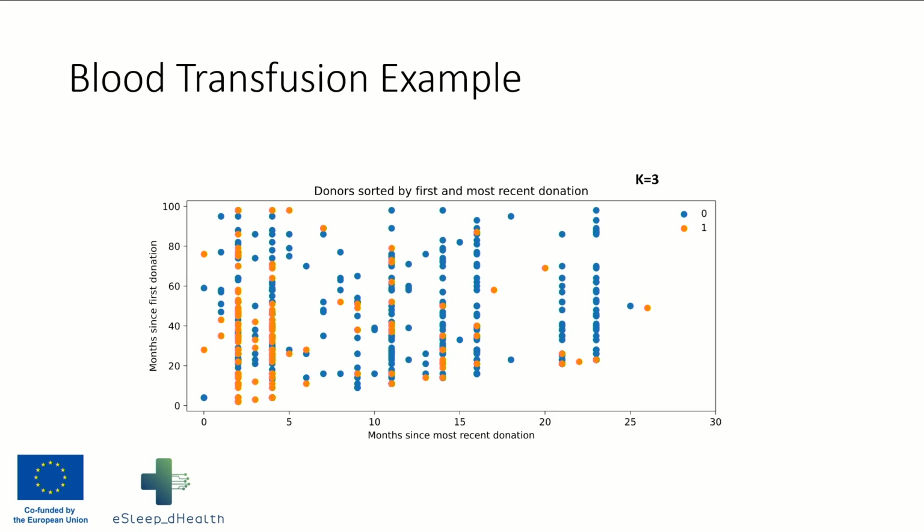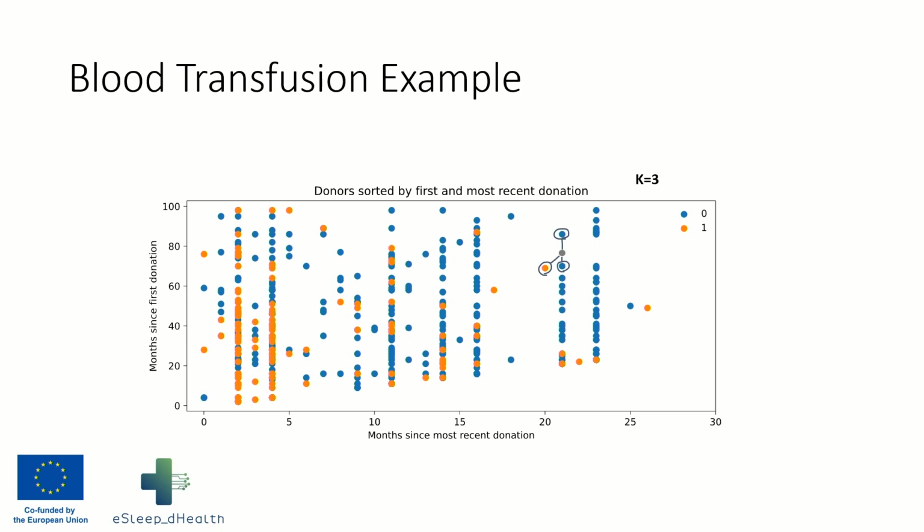And now we will put some unknown points in this plot. So here's one. And we don't know about this person, whether they donated in March 2007 or not. In order to make a prediction, we will now search for the 3 closest neighbors, which are those 3 top points.